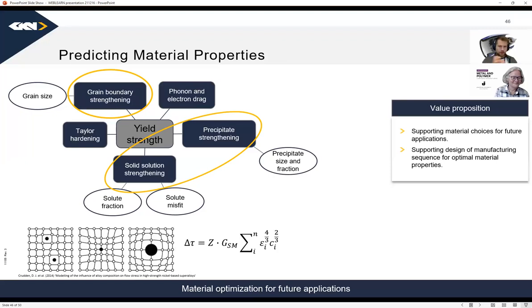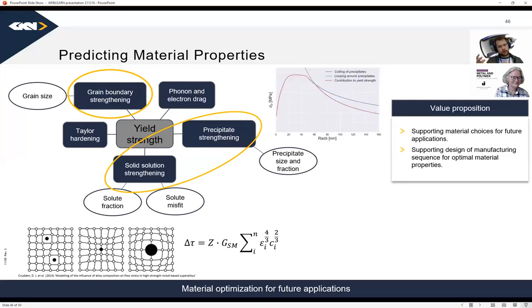So then what is solid solution strengthening? Patrick mentioned a little bit about this also, but it really is how it's triggered by the misfit of the different alloying elements in the alloys, and the different sizes and stiffnesses that they have contribute to the increased strengthening in the solid solution. And here we are using similar models to what Patrick talked about.